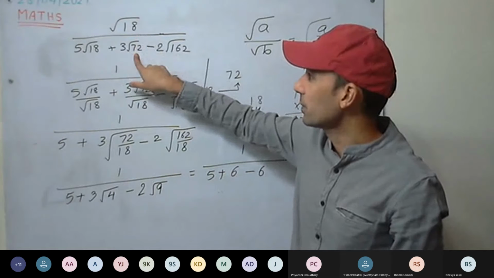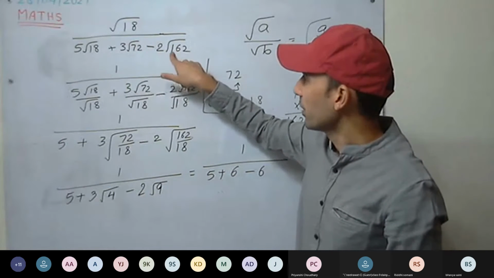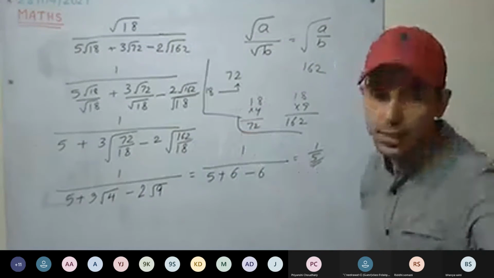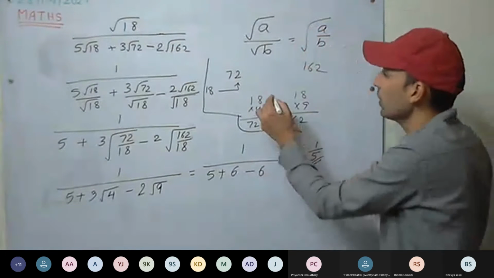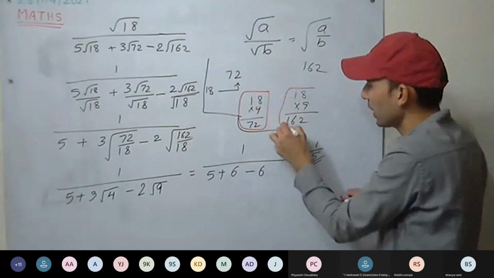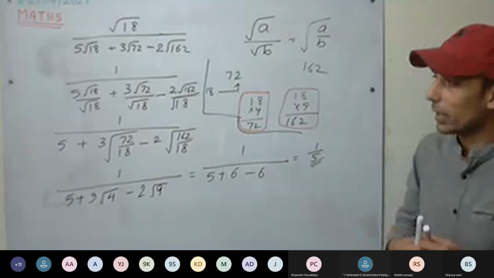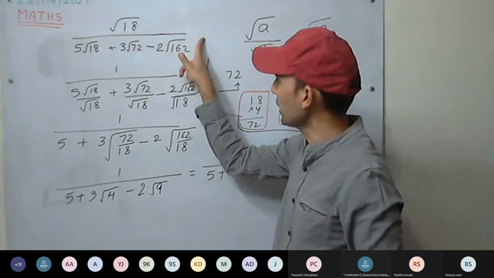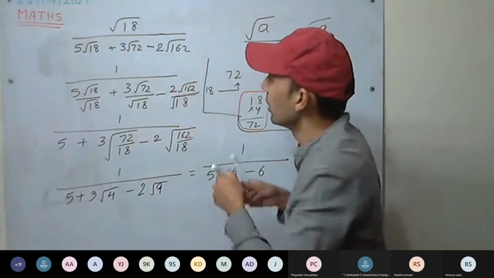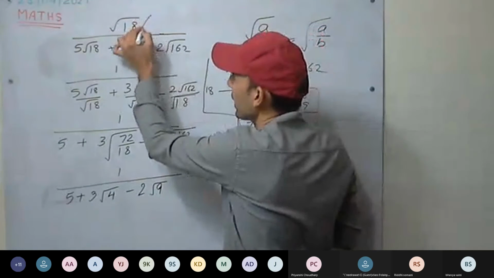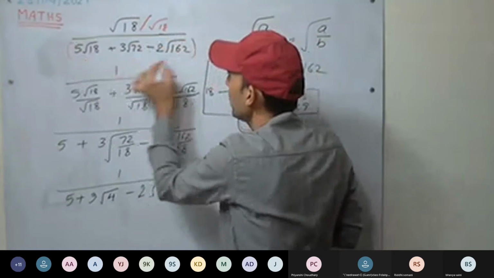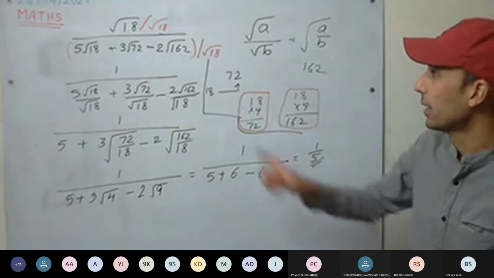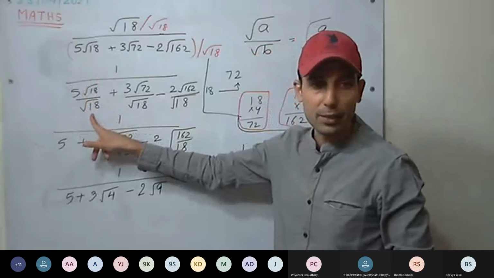Check it once, whether 18 is a factor of 162. And we have seen that 18 is a factor of 72 as well as of 162. So what can we do? We can divide the whole numerator by root 18 as well as the whole denominator by root 18. Now fill the bracket: each term will be divided by root 18.